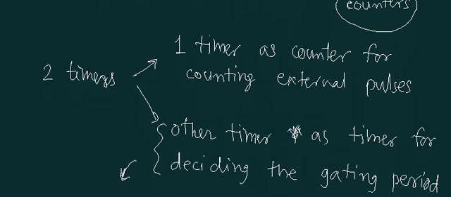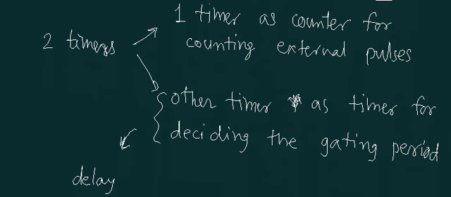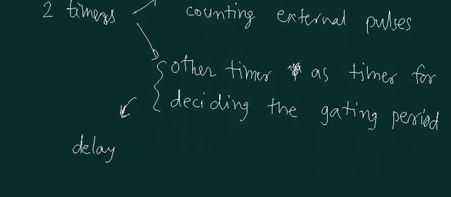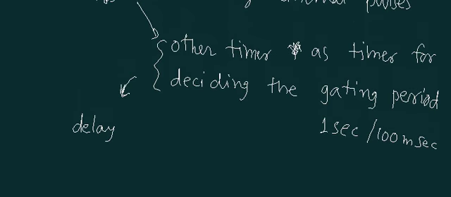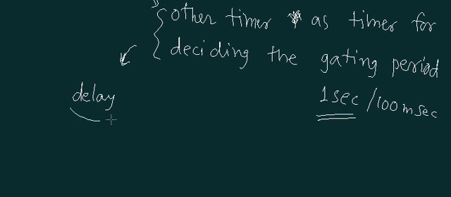One timer as counter for counting external pulses, the other timer for deciding the gating period, which is typically 1 second or 100 milliseconds or 10 milliseconds depending on the range. Anyway, we will talk about this. Initially, we will assume only 1 second because it is easy to understand. 100 milliseconds we will take after some time, right. And then we also said that instead of using a second timer, you can write a delay routine itself.